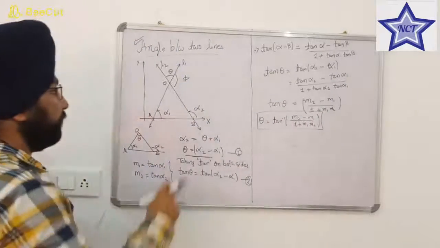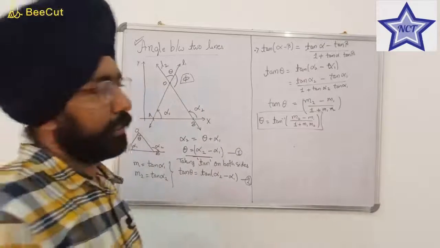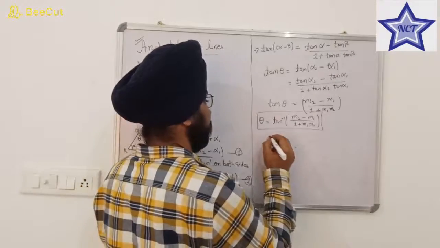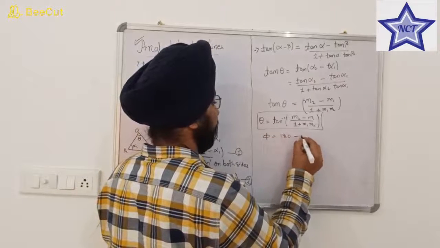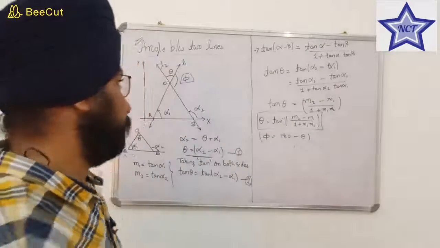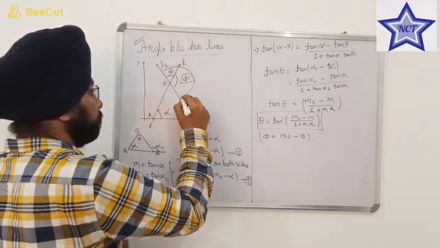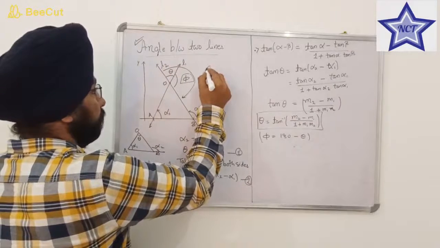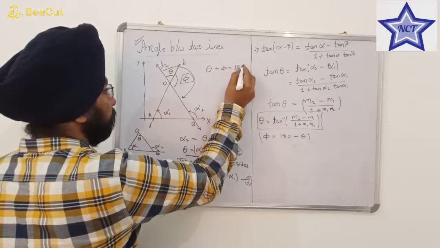Now angle between two lines can also be written as phi. We can also write phi equals 180 minus theta using angle sum property. Total angle is 180 degree. So I can write theta plus phi equals 180 degree.